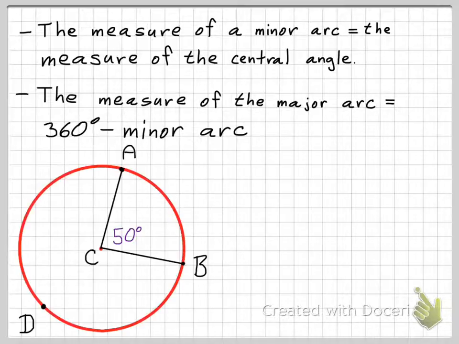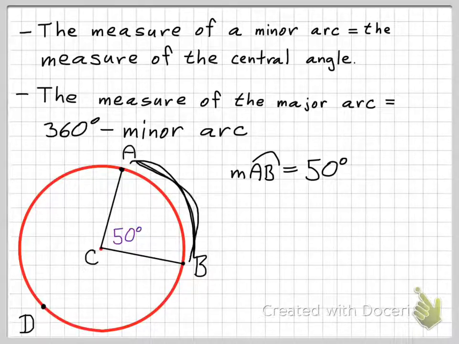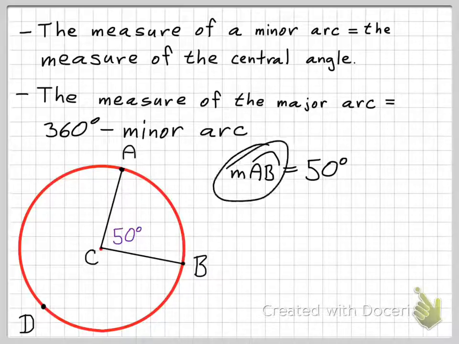All right, so we have this circle. It has a 50-degree central angle. The central angle is 50 degrees. So what would be the angular measurement of arc AB?